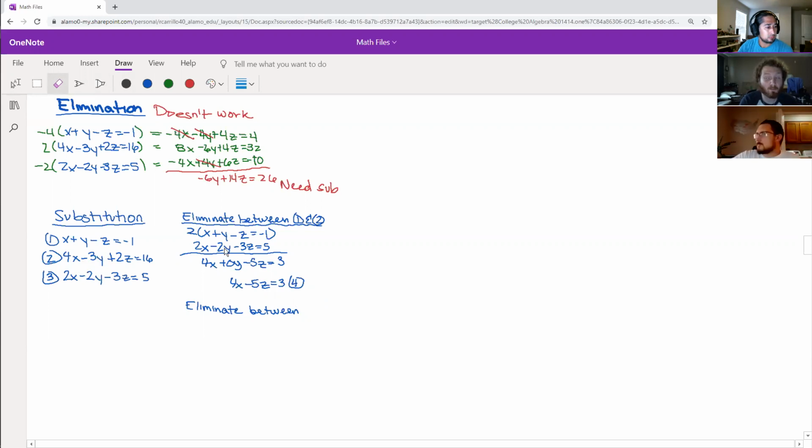We got rid of y in the first step. 3 and 2 is gross. Let's instead do 1 and 3 now, or 1 and 2 now. I did 1 and 3 the first time. My bad. So let's eliminate between 1 and 3.